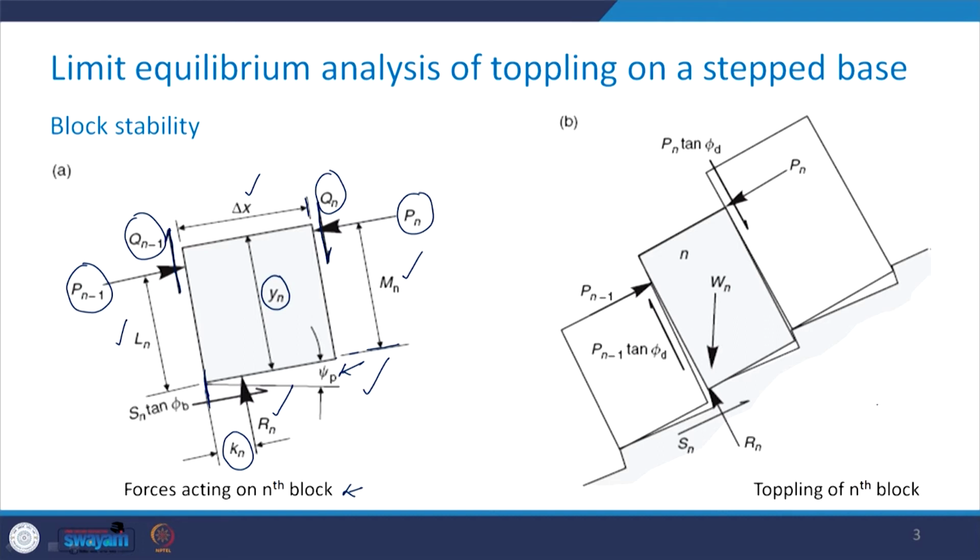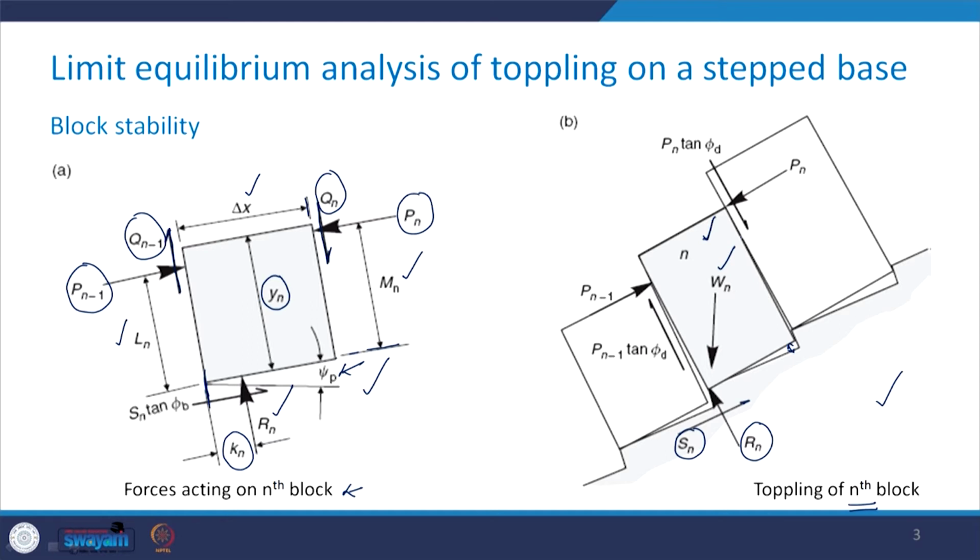Now take a look at the second figure in this slide. This shows the toppling of the nth block. You can see here that there is a gap between these two planes, which shows that this nth block is going to topple. Here you have a force Rn and another force parallel to this base, that is Sn.